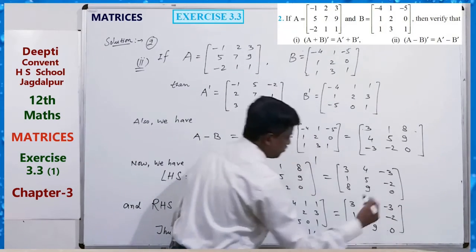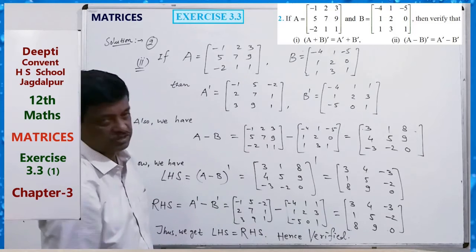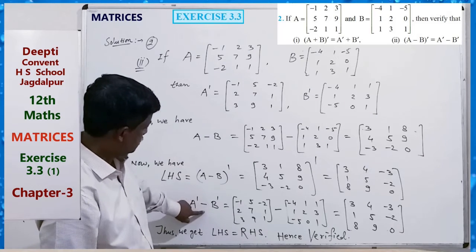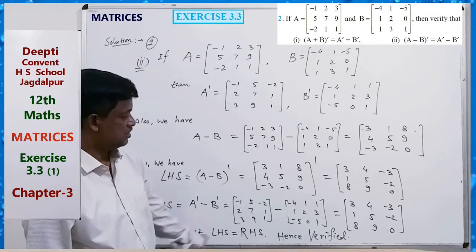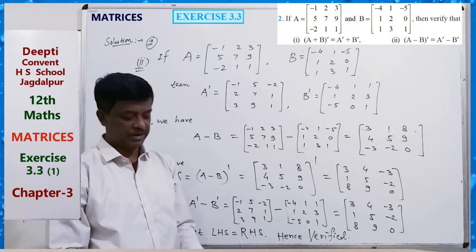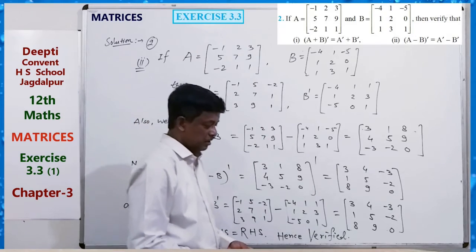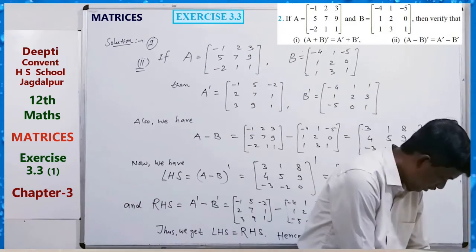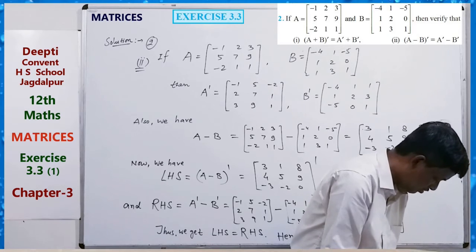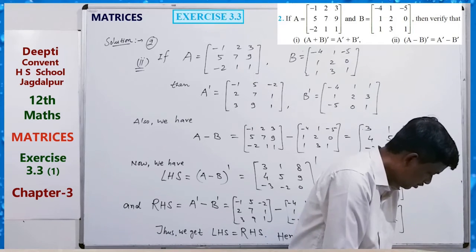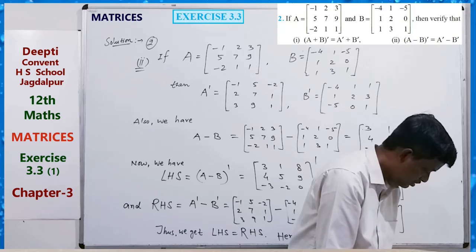So these two are the same. This and this are the same. So you can write like this, verified. It is a very simple process; you can solve the questions one by one.